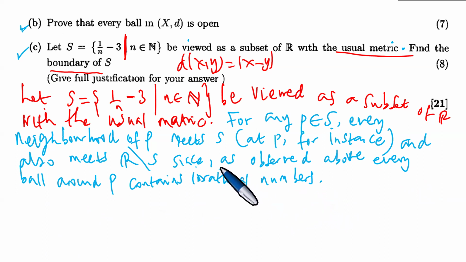Okay, we analyze this. We are then saying we let S be this given set containing 1 over n minus 3, where n is an element of the naturals, be viewed as a subset of the real numbers with the usual metric.